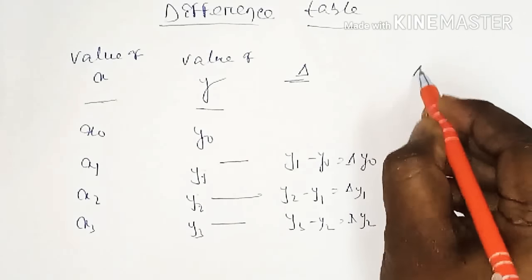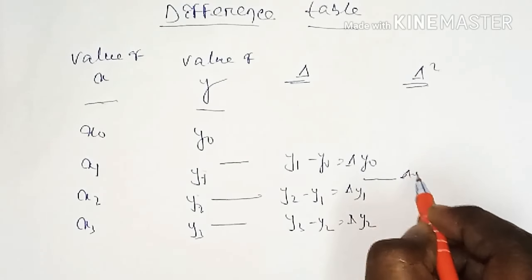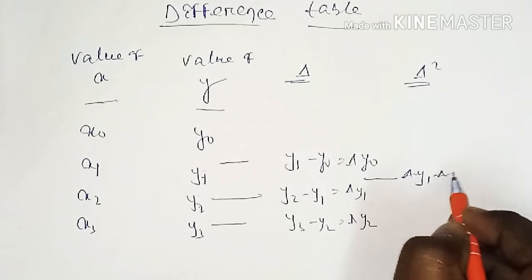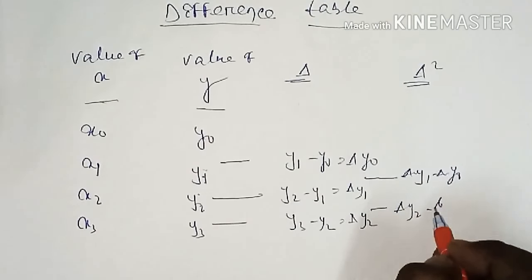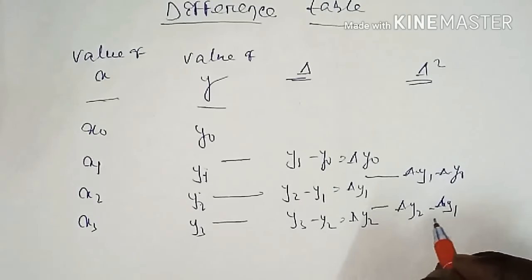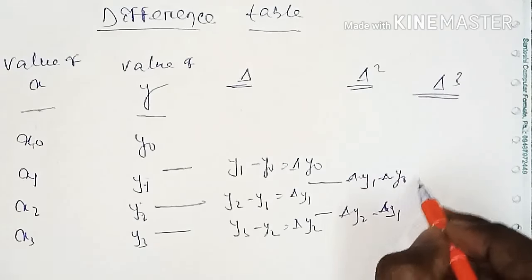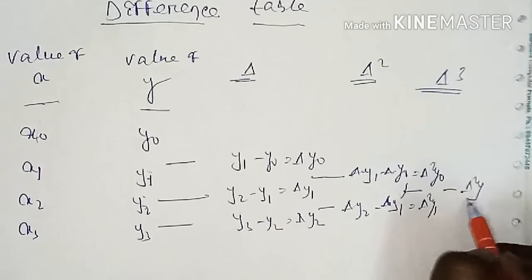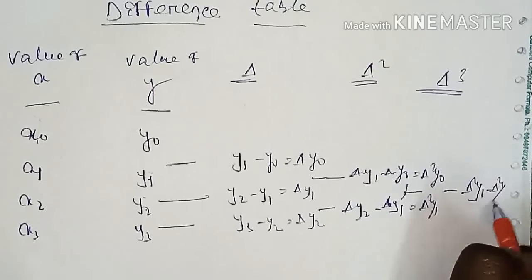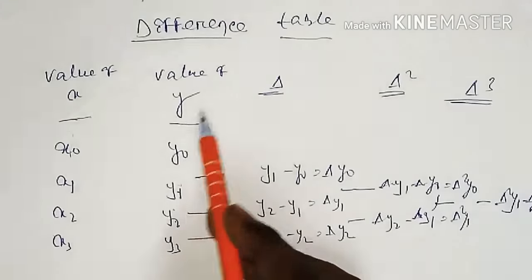Similarly, delta square is delta y1 minus delta y0, and delta y2 minus delta y1. And for delta cube, it is delta square y1 minus delta square y0. In this way, we have to form the difference table.